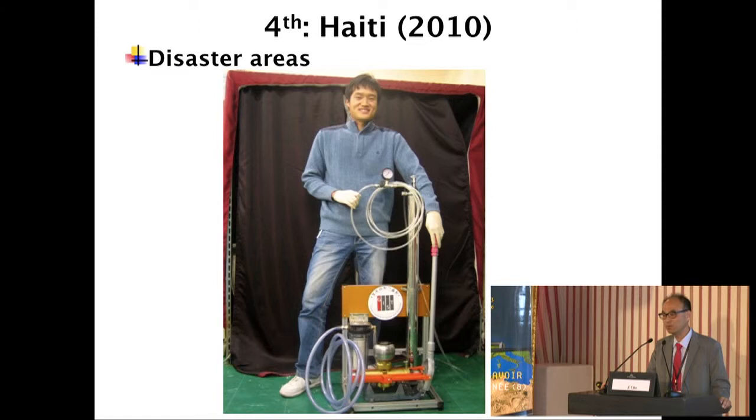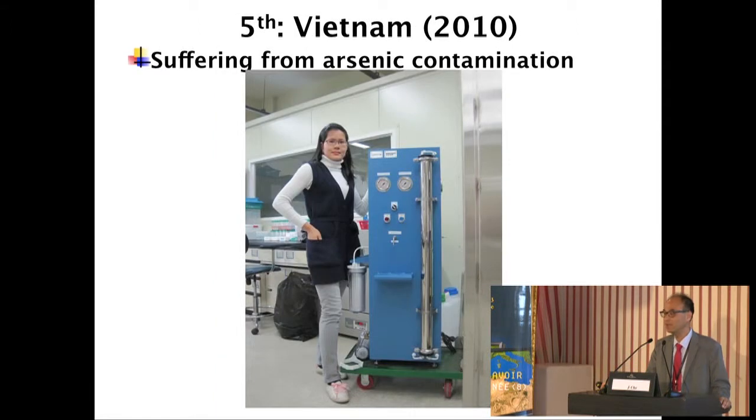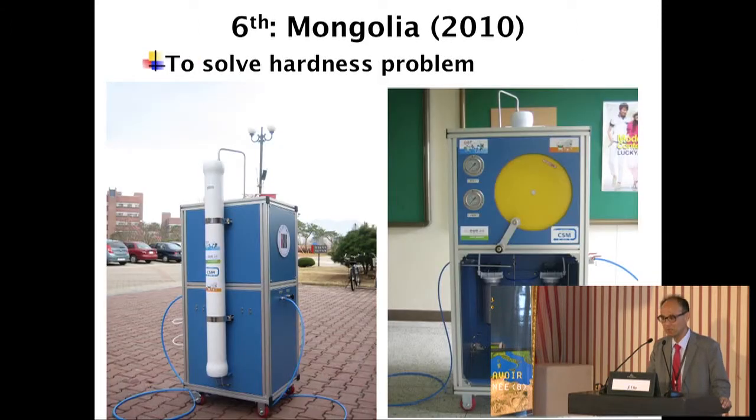So these types of approach, these types of project, can help students to design, to study, and to educate themselves with these approaches to solve the drinking water problem in Vietnam, contaminated with arsenic from the Mekong River. In Mongolia, at this time, a Buddhist monk called me.